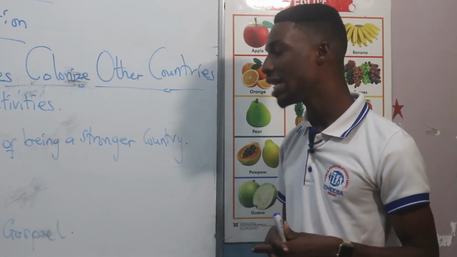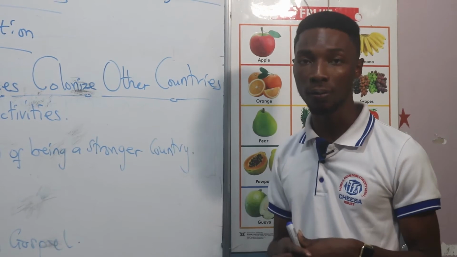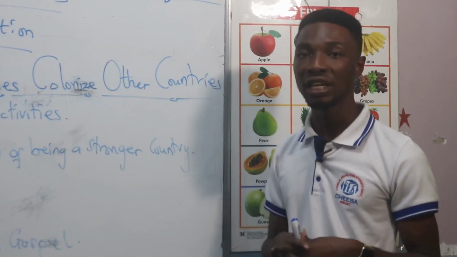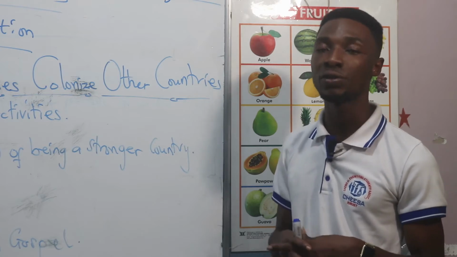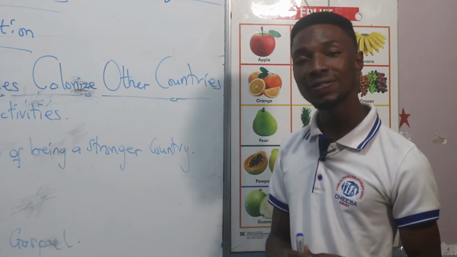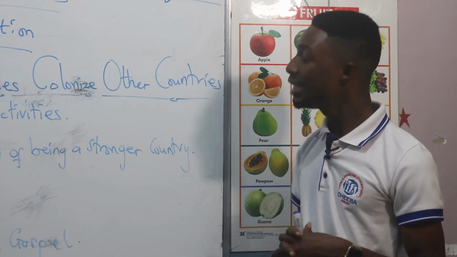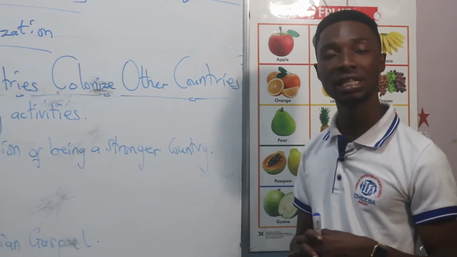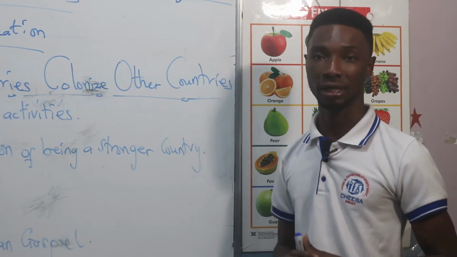For this reason, the Europeans had to suppress us, take away our peace and freedom, take away our sovereignty, so that they will be able to get a chance to inculcate their belief into the Africans and spread the Christian gospel. For this reason, they colonized Africa. These and many more are the reasons why some countries choose to colonize other countries.